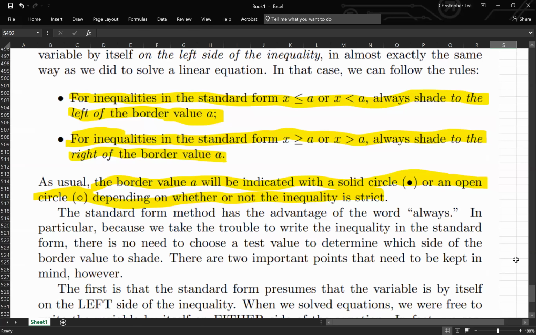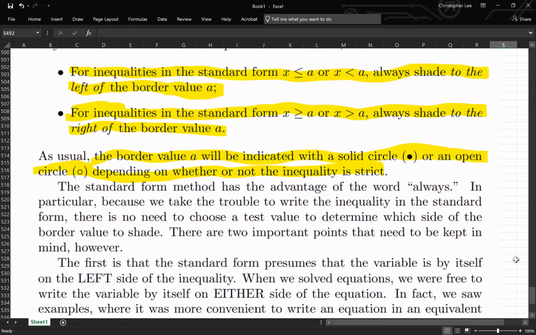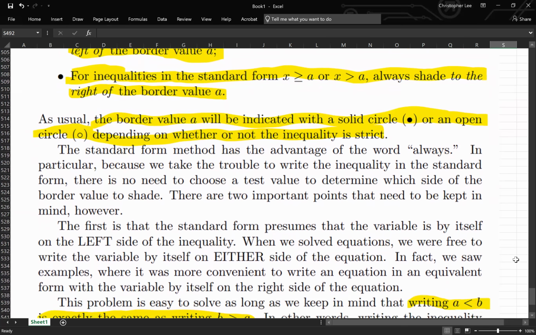The first is that the standard form presumes that the variable is by itself on the left side of the inequality. When we solved equations, we were free to write the variable by itself on either side of the equation. In fact, we saw examples where it was more convenient to write an equation in an equivalent form with the variable by itself on the right side of the equation.